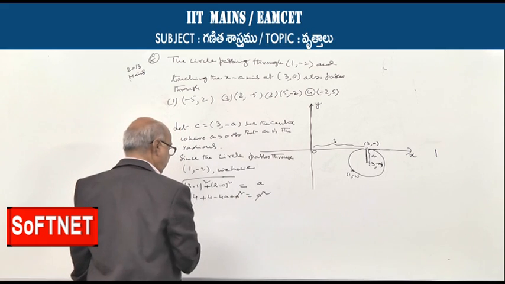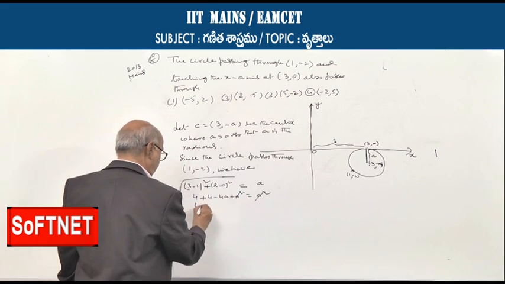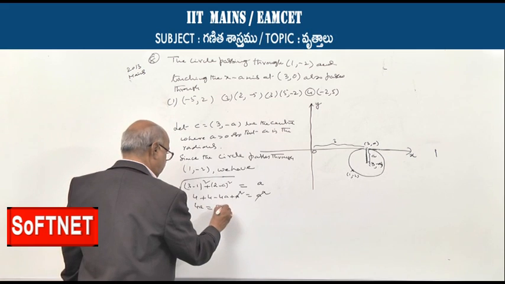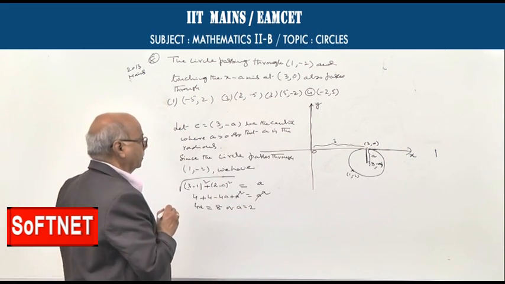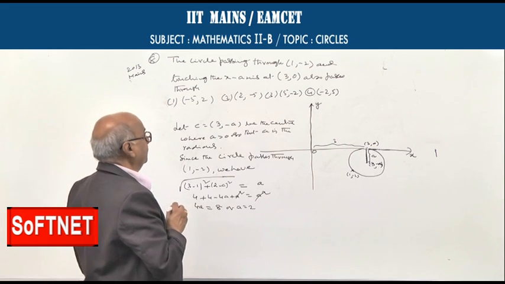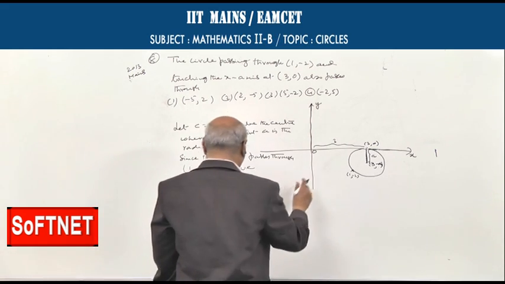The a square will cancel, so 4a is equal to 8, or a is equal to 2.